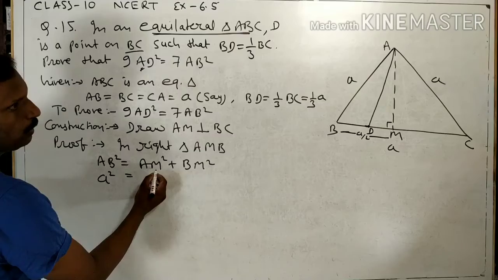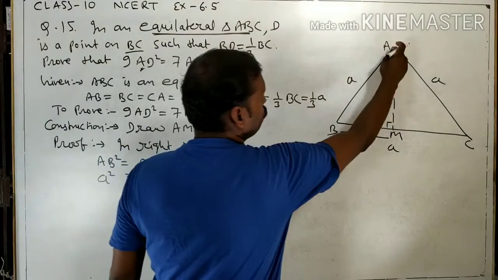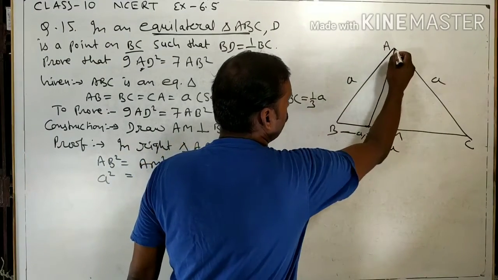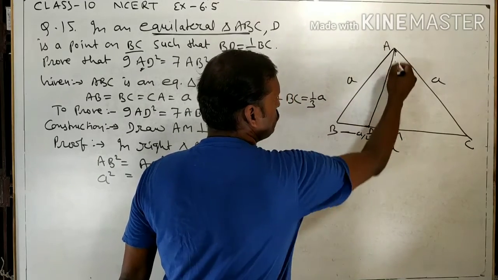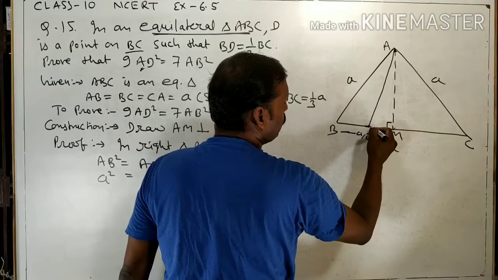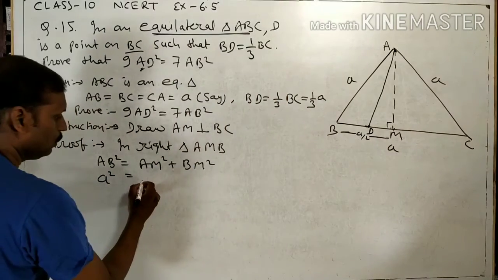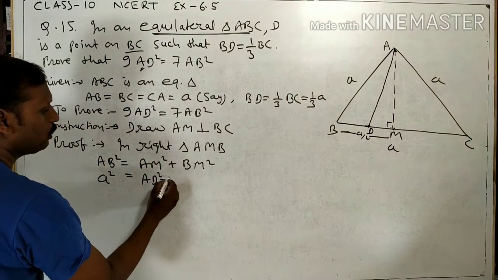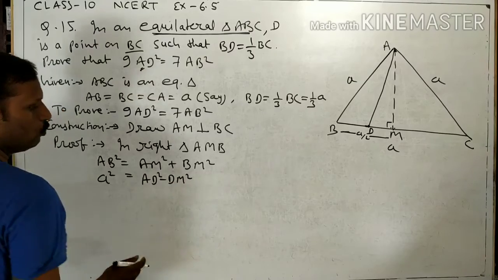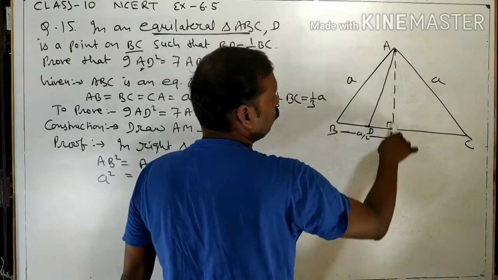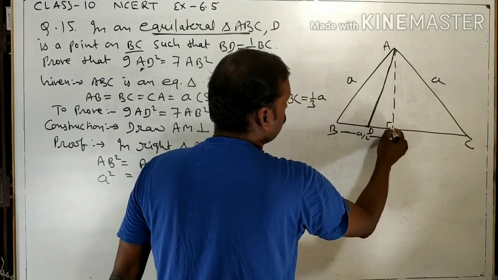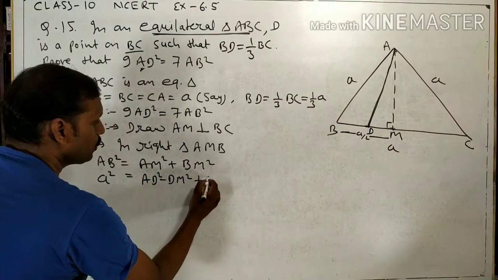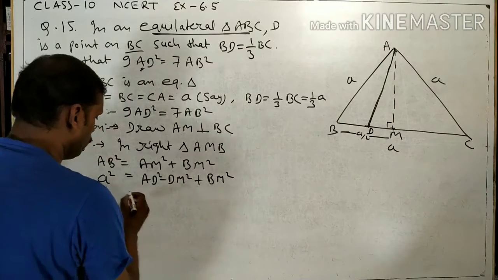A square equal to AM square plus BM square. AM is also in this triangle AMD, so this is also a right angle triangle. So change AM square to AD square minus DM square, that is, perpendicular square equal to hypotenuse square minus base square, plus BM square.